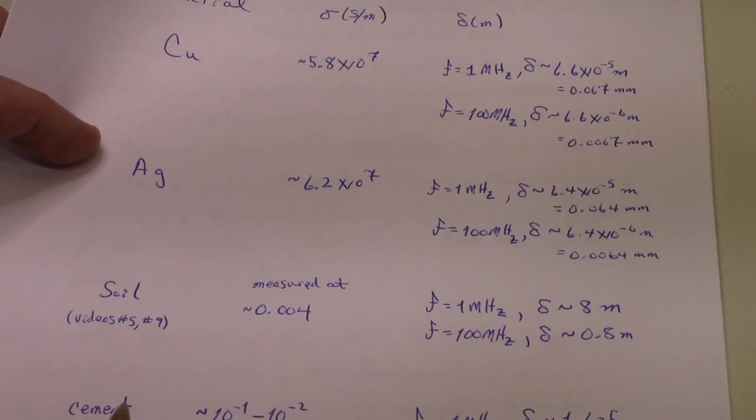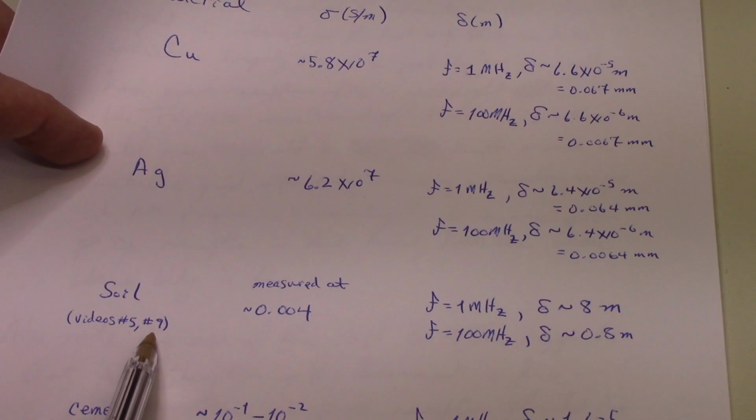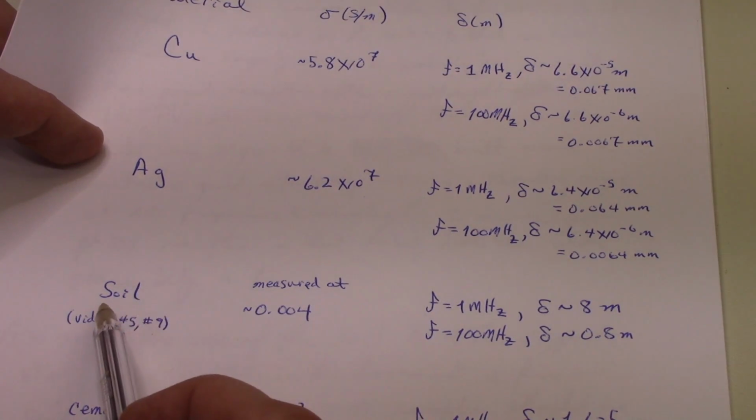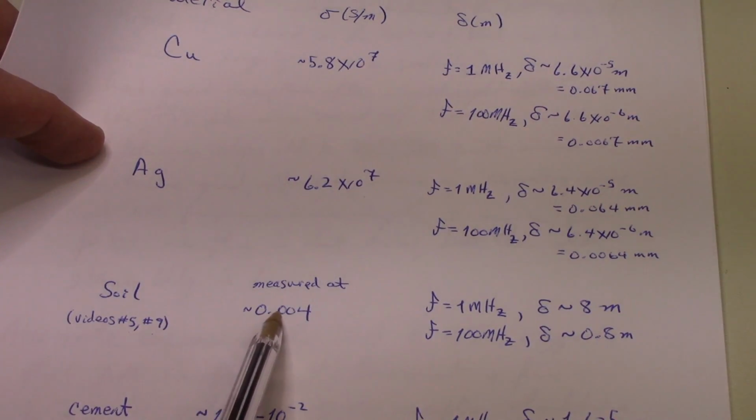Now, in videos 5 and 9, we talked about first the physics of soil conductivity measurements, and then in video number 9, we actually went out into the yard and made some measurements. And the result of those measurements were that for the soils in my location, we got a conductivity of about 4 millisiemens, or 0.004 Siemens.